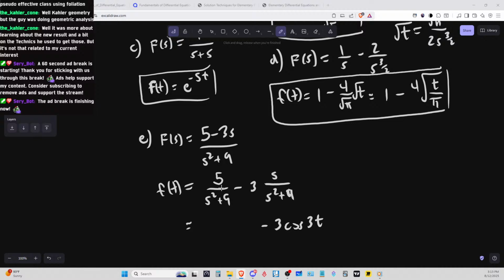Unless it's 2 terms. Let's say we have... no. Because then we still have to get this term. Ooh, this one's very, very tricky. Yeah, the 5 makes it very tricky, actually.